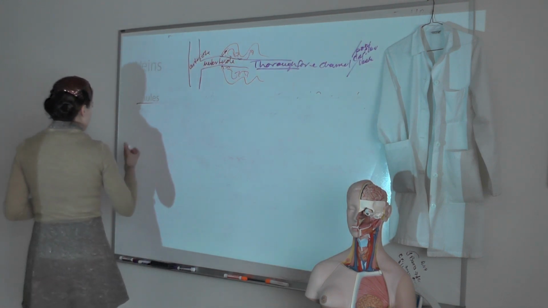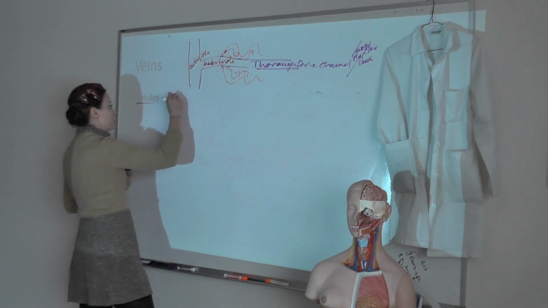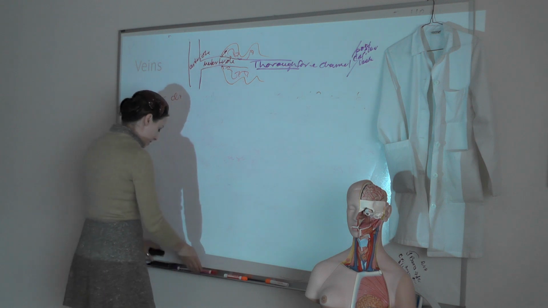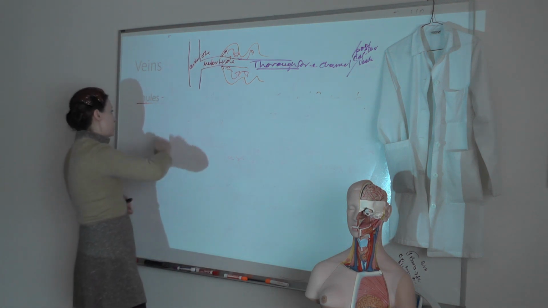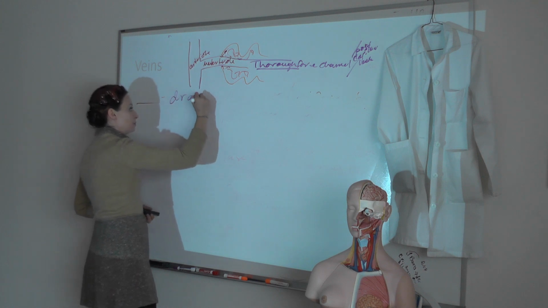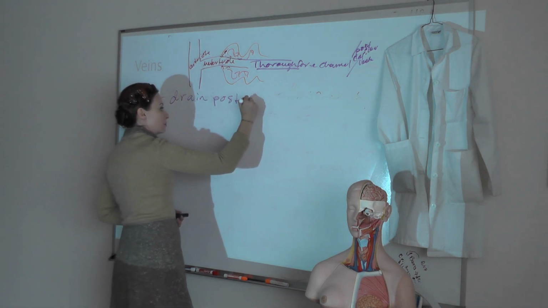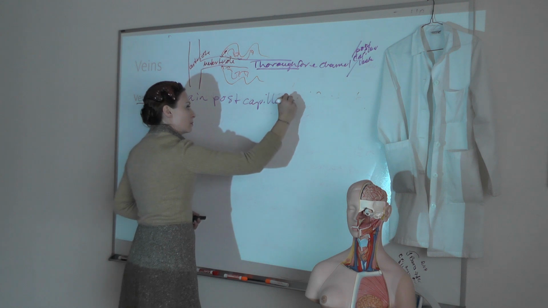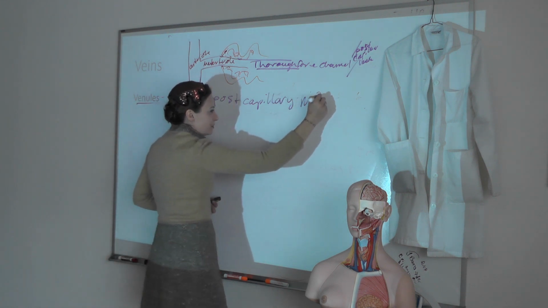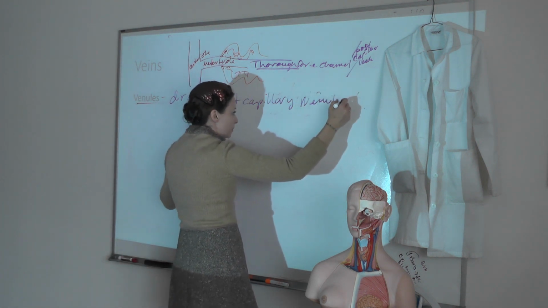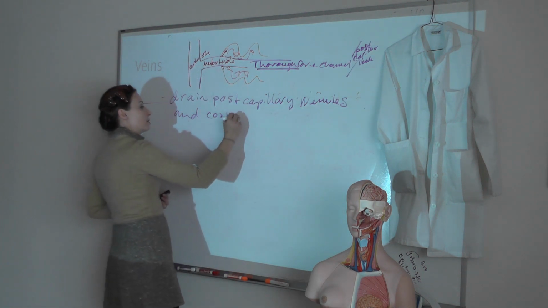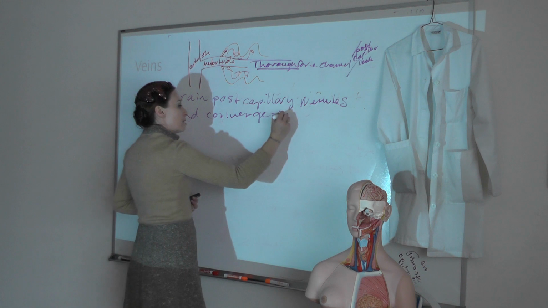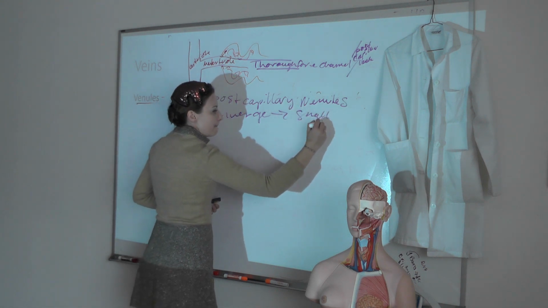So for our venules, we'll say these drain our post-capillary venules and converge to become small veins. So the post-capillary venule is a venule, but little venules will drain our post-capillary venules and converge to become small veins.